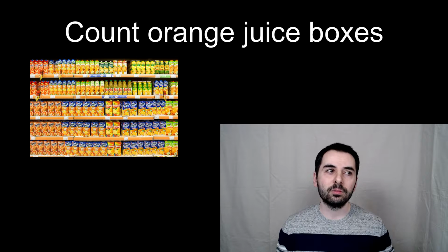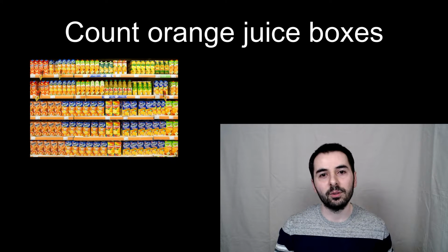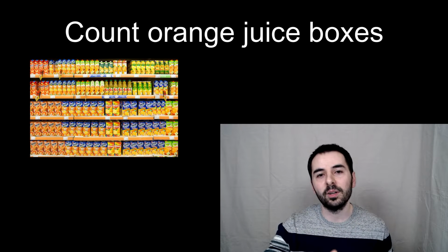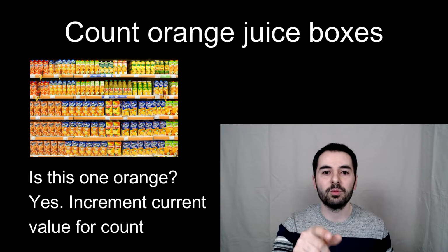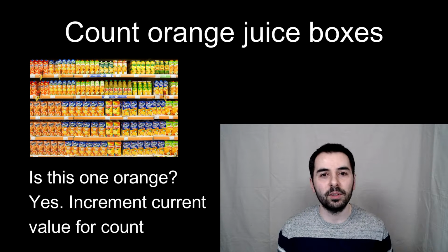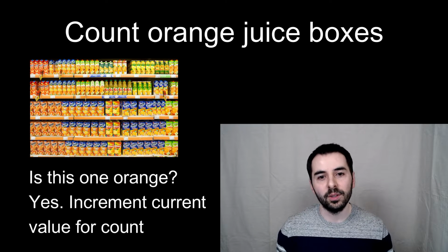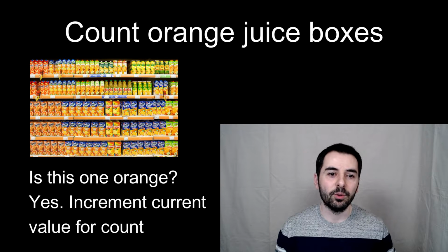So we'll start counting, basically looking through all the rows and columns, and whenever we see an orange box, we just increase our temporary counter by 1. So that's another case where we need to store some information, and then at the end we'll have the number of orange juices. These are just two very simple examples to give you an idea of how a program would store something, and why we would need to store something.